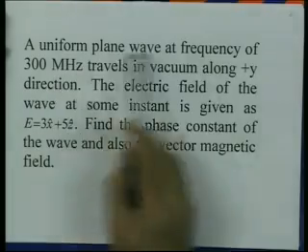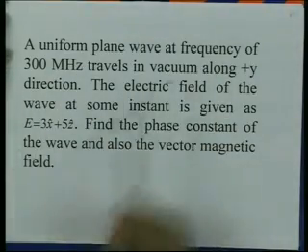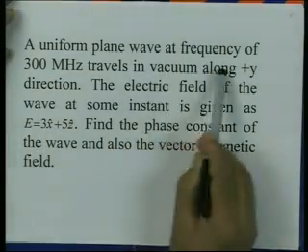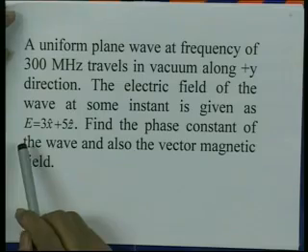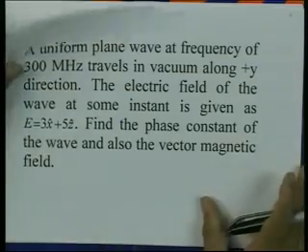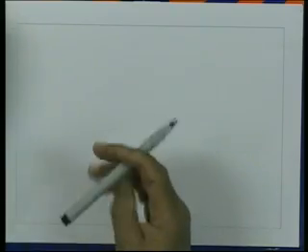Now, since the wave is traveling in vacuum, the wave travels with velocity of light in vacuum, that is given as 1 upon square root mu epsilon.